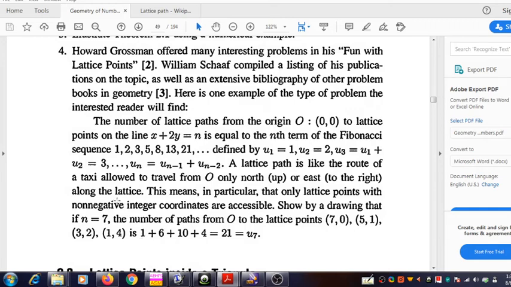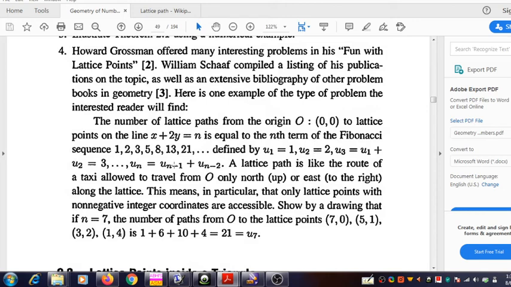The lattice points are present on the line x + 2y = n, and the number of lattice paths from the origin to them is equal to the nth term of the Fibonacci sequence.